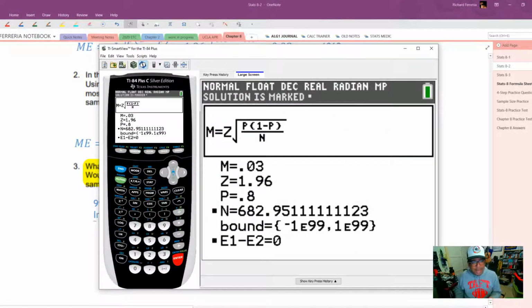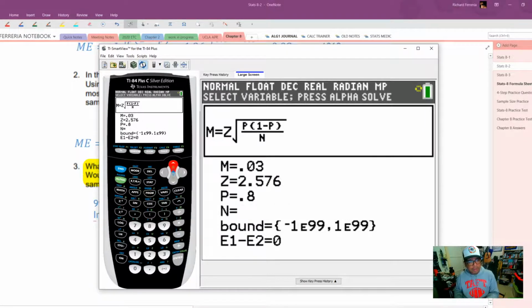We can see this in action if we go to the solver and we only change z, which is for a 99% confidence interval, 2.576. We're going to notice that that's going to change our value of the margin of error.